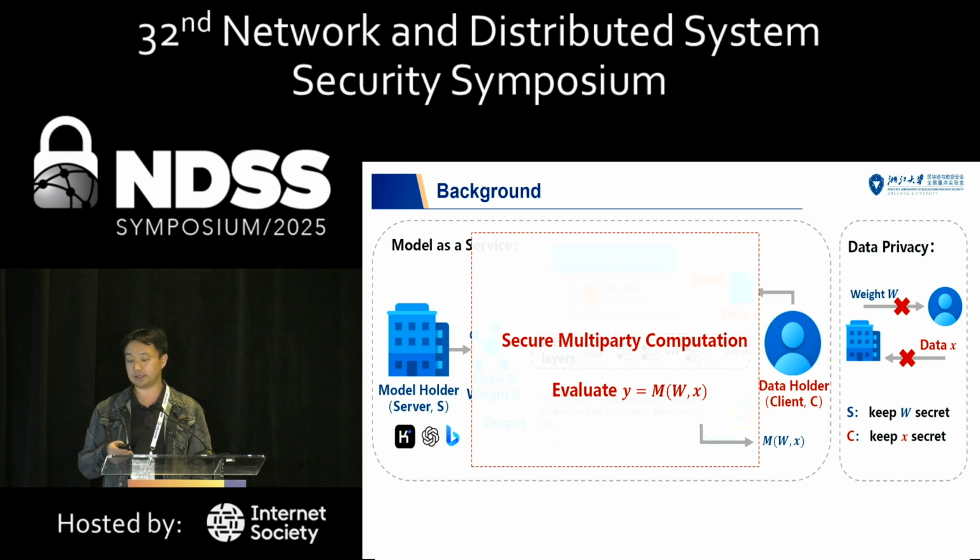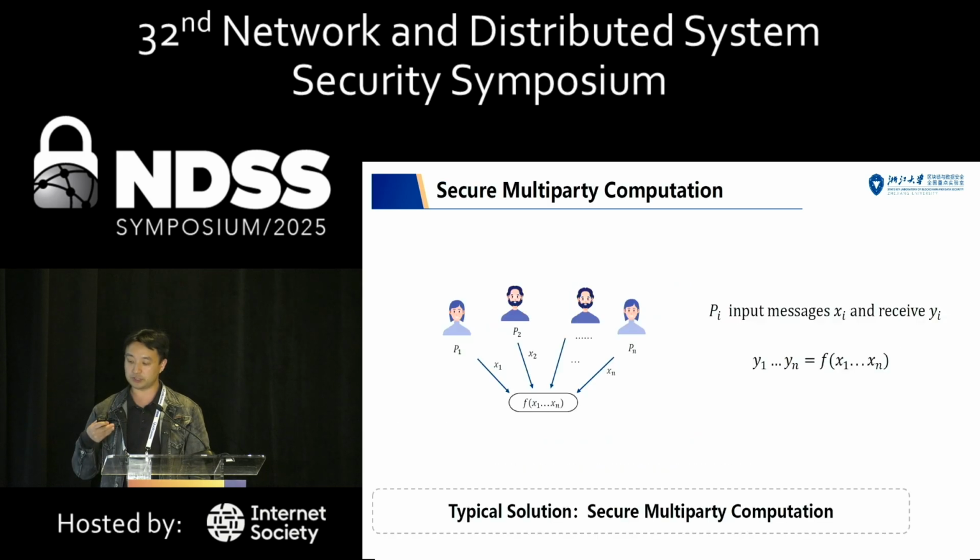Typically we're talking about multi-party computation. Of course, in the literature, you can also do it with TEE enclaves and other methods, for example, fully homomorphic encryption. In multi-party computation, in general, you have multiple parties who want to jointly evaluate a function, and the function is public.